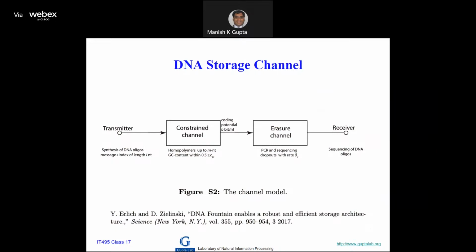Certain things are erased. As I mentioned, this is observed more when there is a rich GC content, more than 60%, and then there is a problem. This rate will be higher. This is how they model it. And then the receiver means sequencing, reading the DNA oligos. This is the entire channel that they considered.